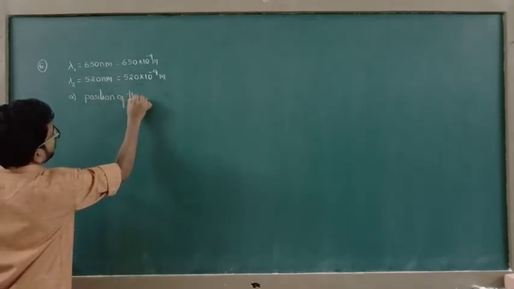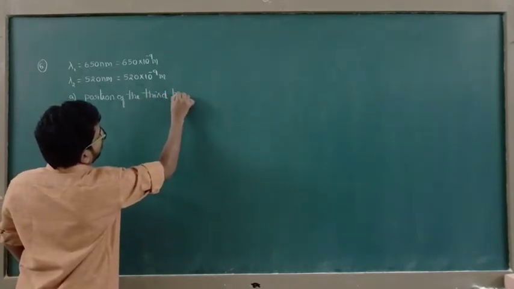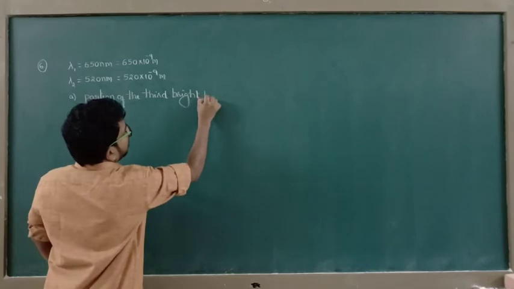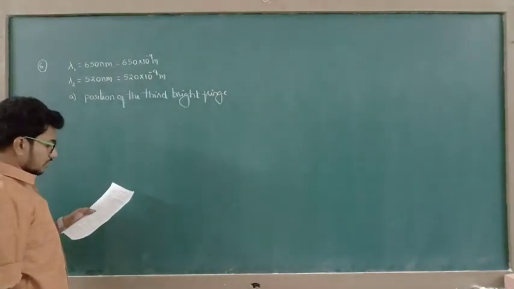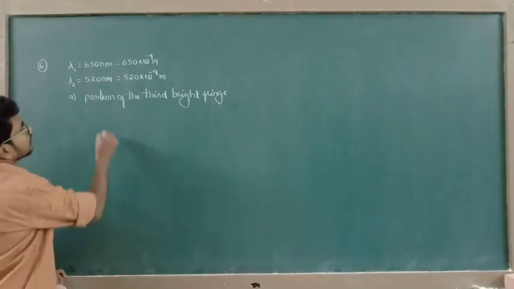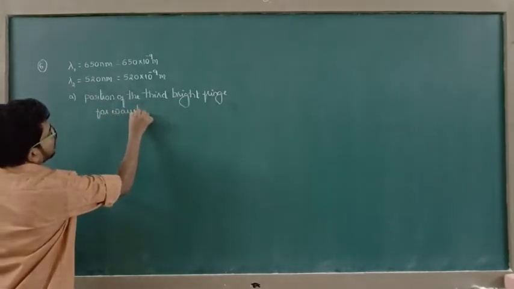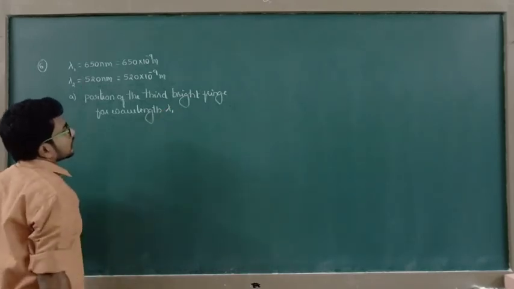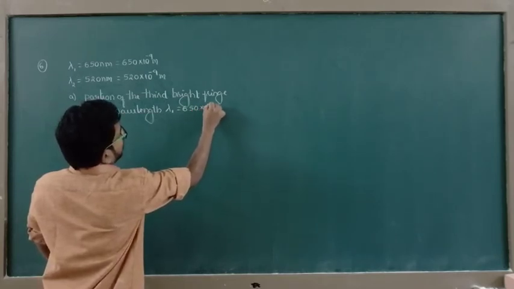Position of the third bright fringe for wavelength lambda 1 is equal to 650 into 10 to the power minus 9 meter.